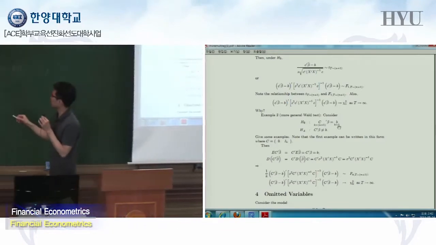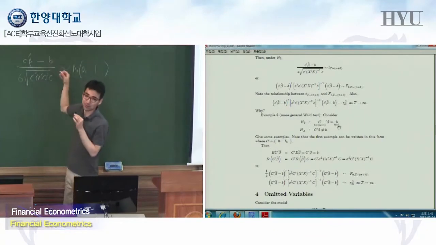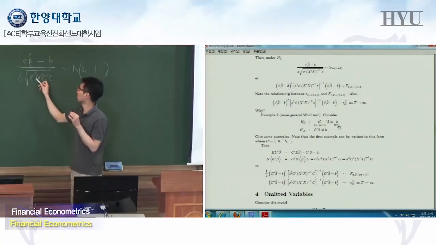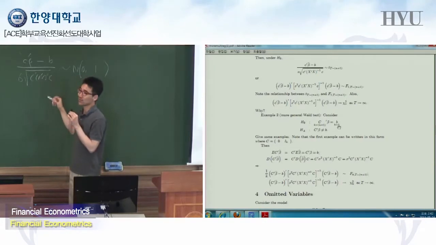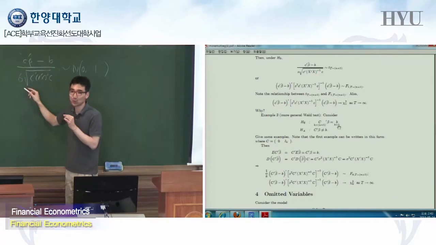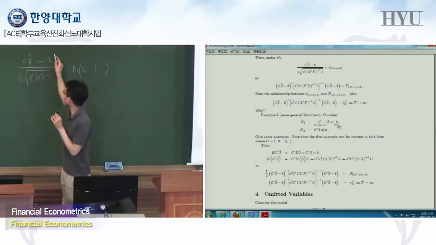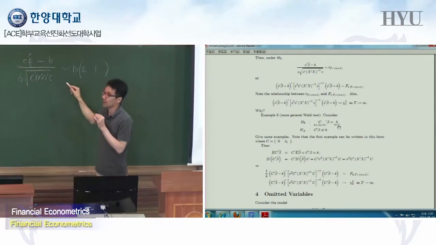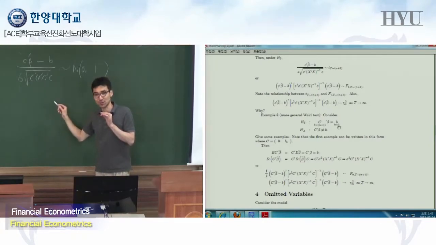So we can calculate this one from a simple regression, and b is from our hypothesis. C is again given from our hypothesis, and (X prime X) inverse we can calculate. But sigma is something we don't know, right? But suppose we know sigma. Then if we calculate this one, we can use it as a statistic and do the hypothesis testing, right?